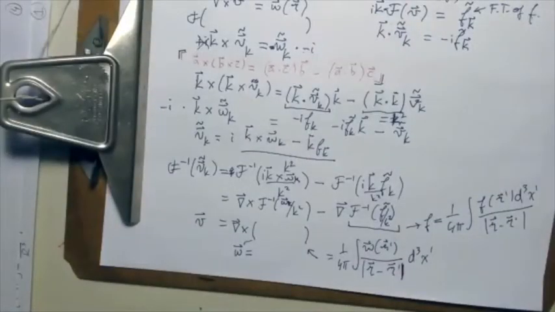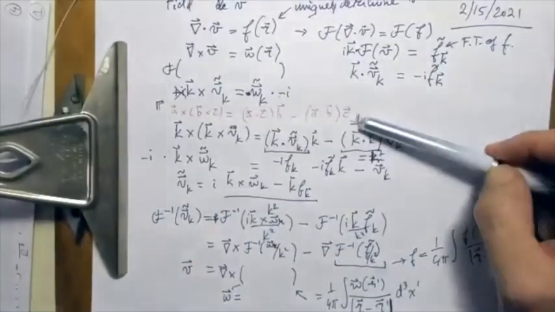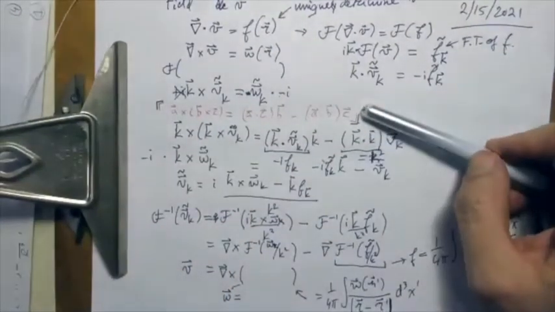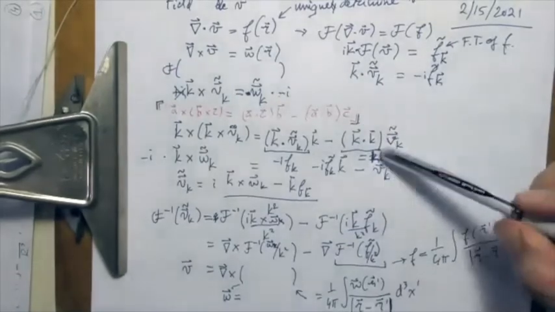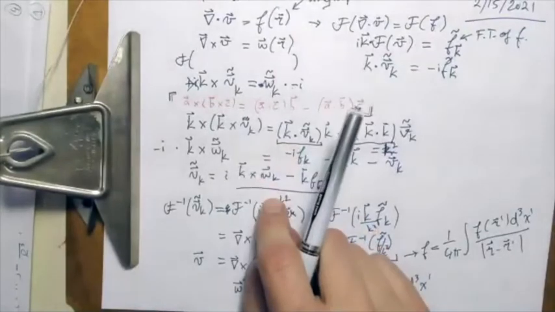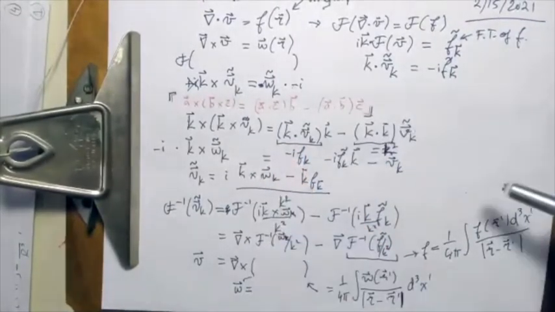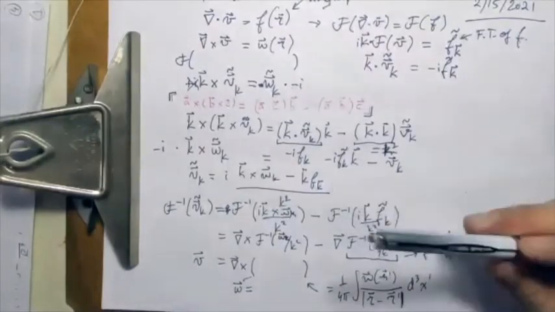Okay. So in this calculation, we needed only a couple of things. We needed this cross product rule. We needed to remember that an ik becomes exchanged with a Nabla operator, depending on whether you bring it outside or inside of your Fourier transform.